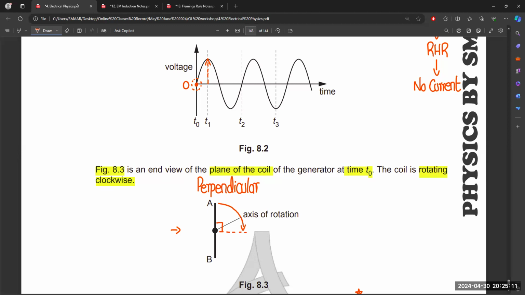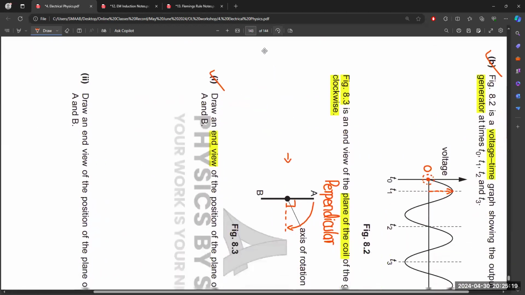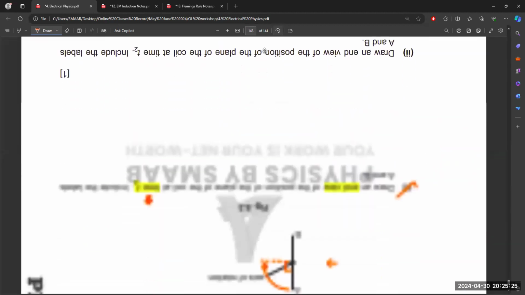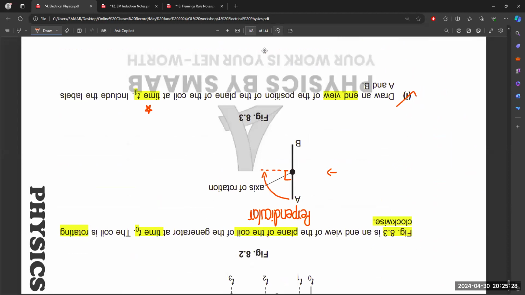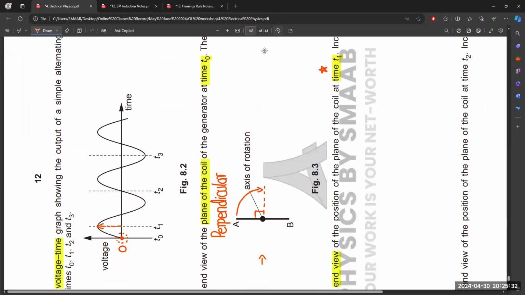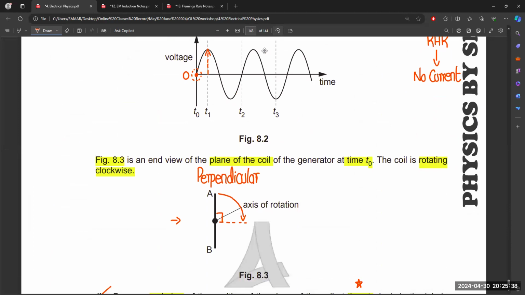So you have to rotate this AB, right? If you rotate this one, now you can see AB is rotated. And if you further rotate it 90 degrees, you will get this position, right? Further rotate 90 degrees, you will get the initial position, right?